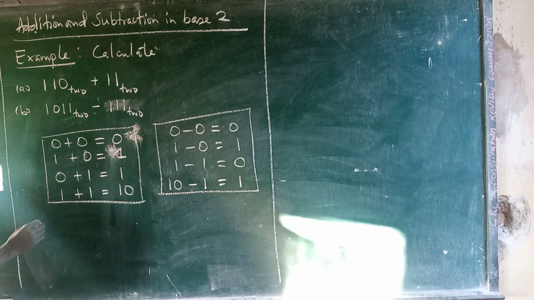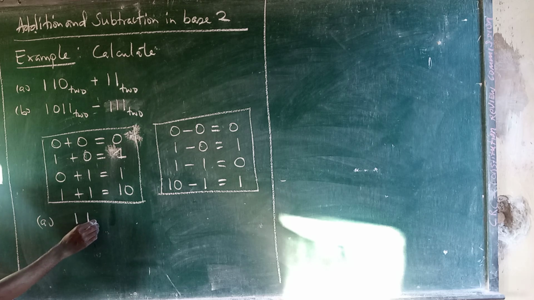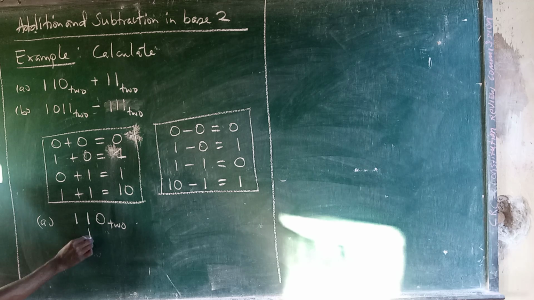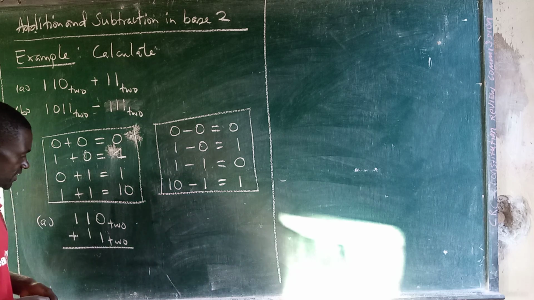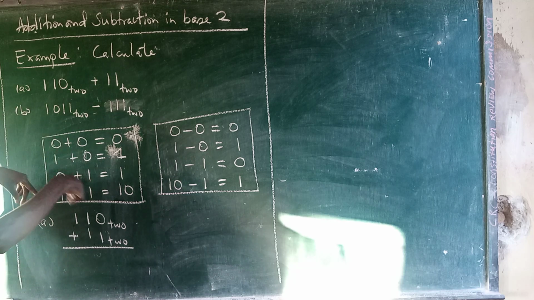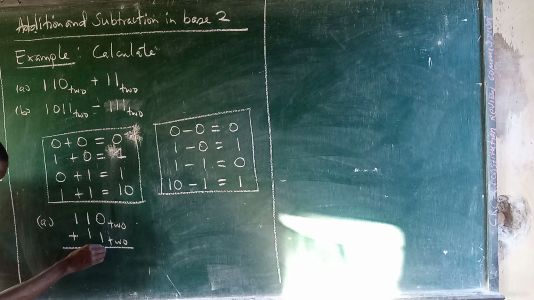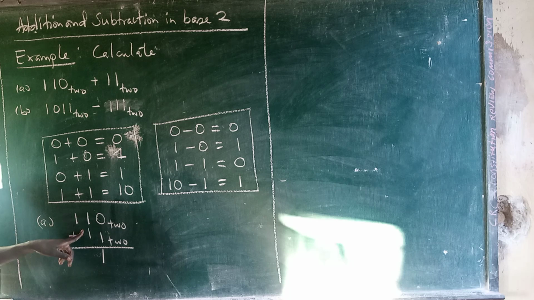Answering part A, we have 110 base 2, and we are adding 11 base 2. If we add, we will just follow what we have here. 0 plus 1 is 1, we write 1. 1 plus 1, according to our table, is 1 0.